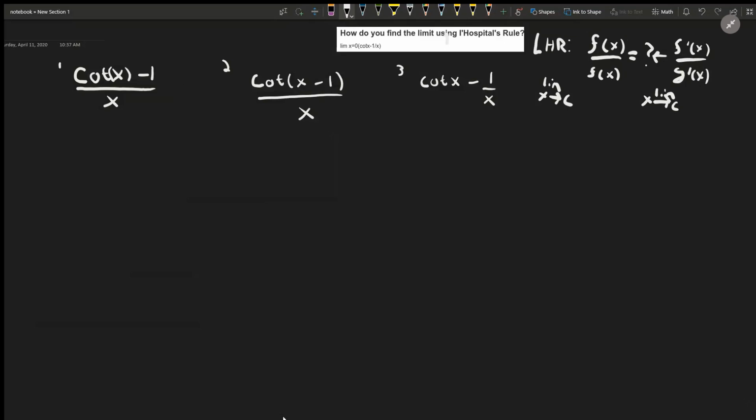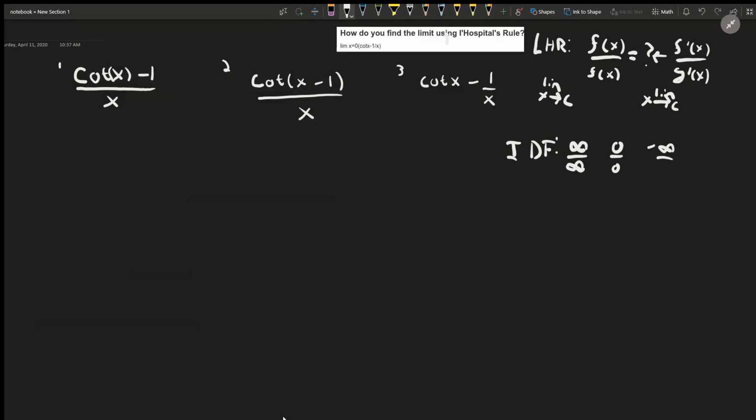But this only applies if you have an indeterminate form. And let's just go over what indeterminate forms are real quick. So indeterminate forms, IDF, okay? What is an indeterminate form? An indeterminate form is anything like if you had infinity divided by infinity after you plugged in that limit c. That's an indeterminate form. Vice versa, if you had like 0 over 0, that's also an indeterminate form.